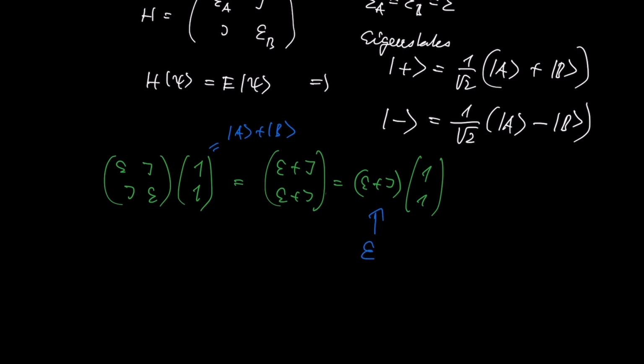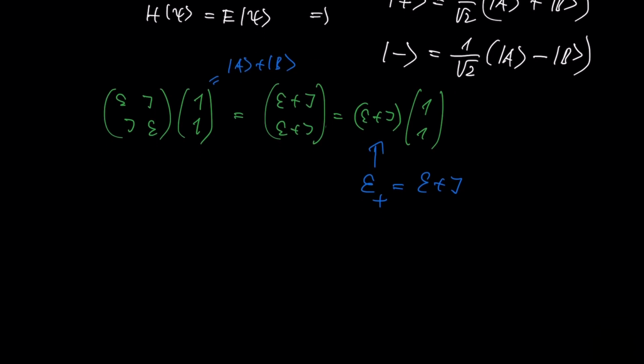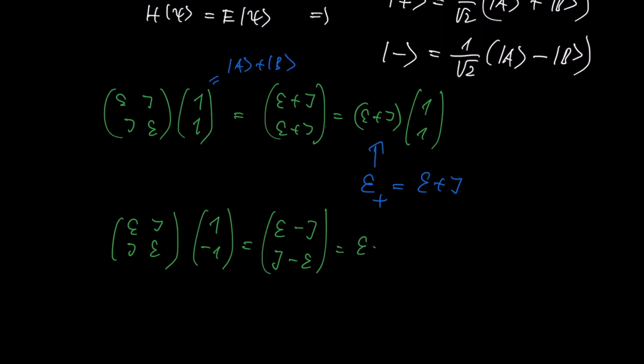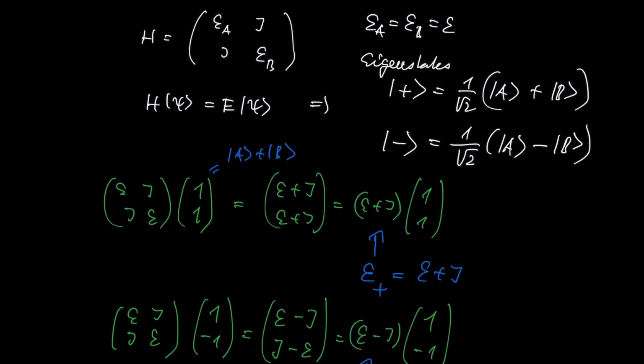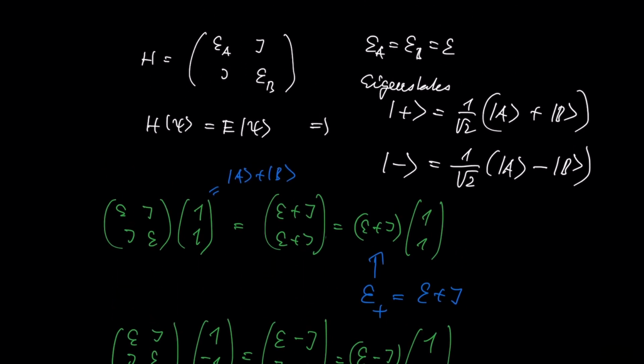So epsilon plus equals epsilon plus J. Or if you try that for the antisymmetric situation, you get epsilon minus J here, and here you get J minus epsilon, which is nothing but epsilon minus J multiplying 1 and minus 1. So this here is the epsilon minus energy.